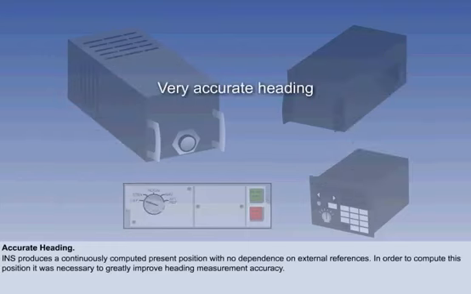INS heading is about 10 times more accurate than previous systems, which were gyromagnetic compasses. Additionally, INS heading is not dependent on Earth magnetism. INS calculates an initial true heading by detecting the Earth's spin, then relies entirely on high-grade gyros to maintain that accuracy. This will be explained later.